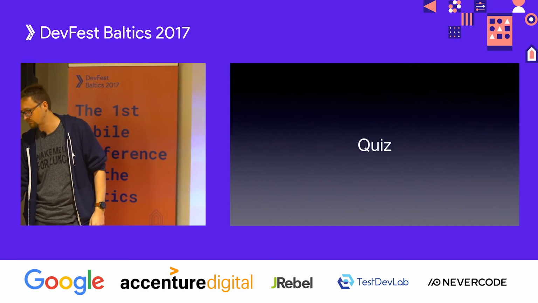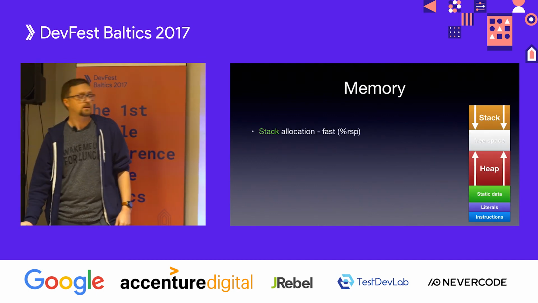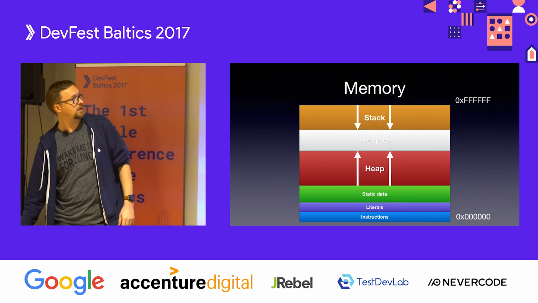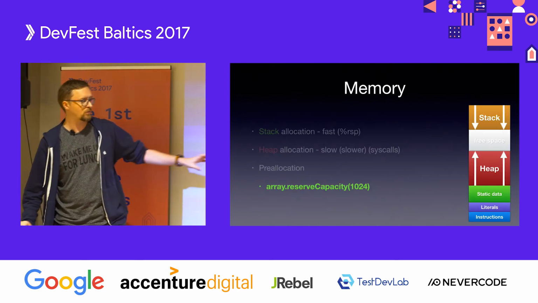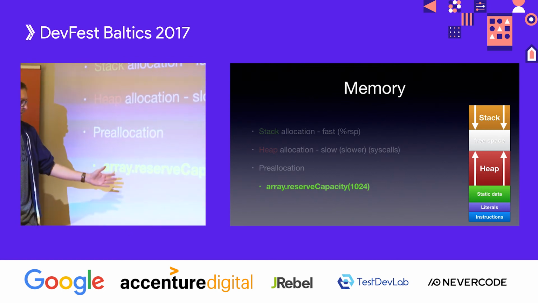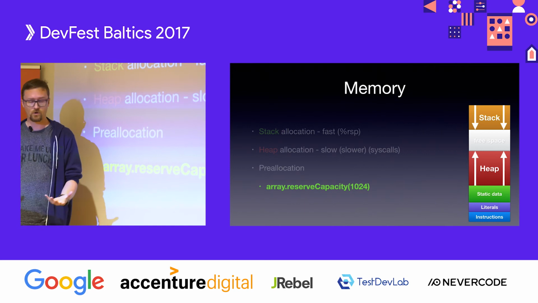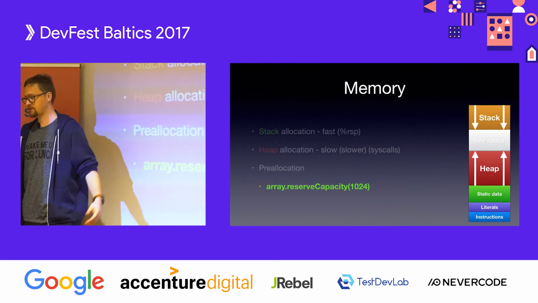And if by mistake you need more memory, will it crash? No, it will grow, of course, and it will reallocate and all that stuff. But if you already know up front, it will be fast because the memory is already there.